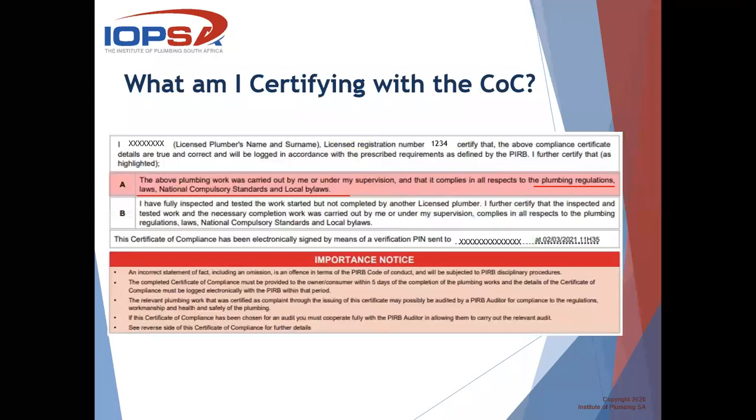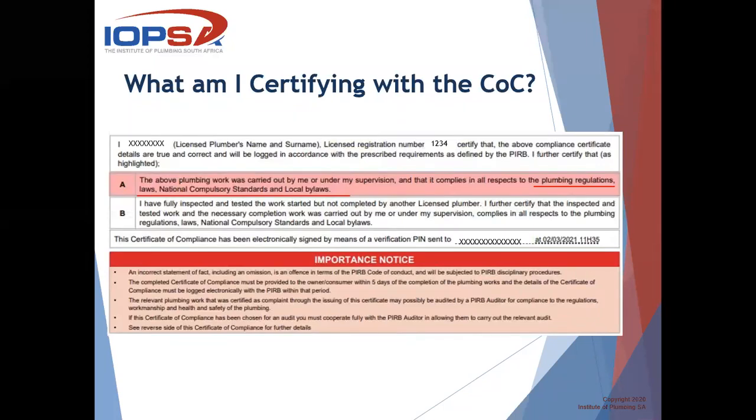So what are we looking at, or what are we certifying when we issue a COC? That's just the bottom part of our COC document, where the plumber's name, registration number, and everything is there.